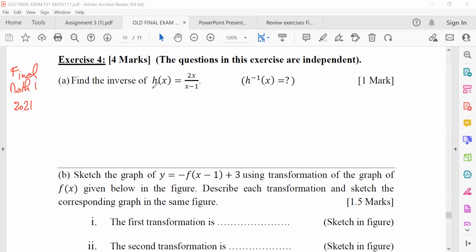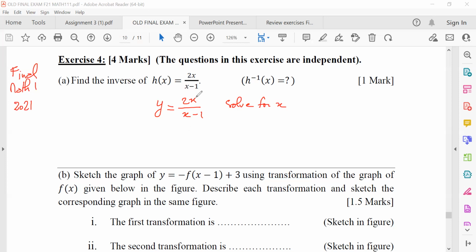So the idea is to replace h(x), the output, by y, and then try to isolate x, solve for x, and write it in terms of y.